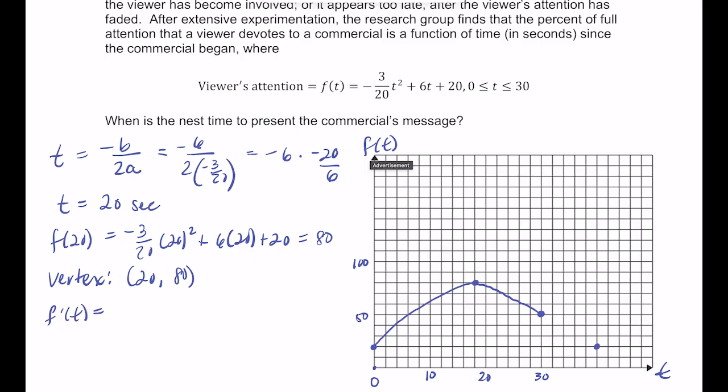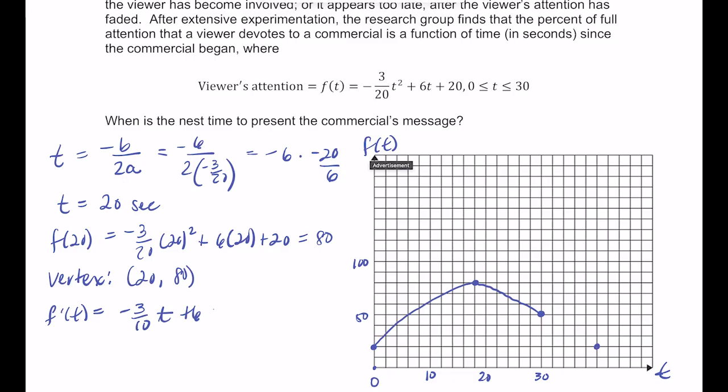And if I just use my power rule, right? So if I go back to my original function, it's just going to be 2 times -3 over 20, and then take away 1 from the exponent. And then it's going to be 1 times 6, take away 1 from the exponent. So you're left with f prime of t is -3 over 10 t plus 6.